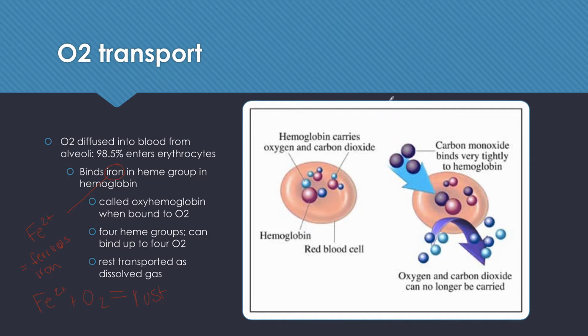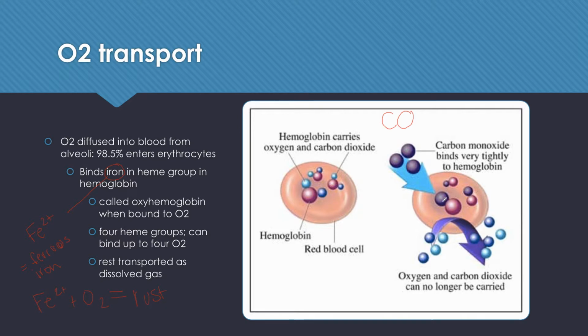So carbon monoxide is CO, just one. And it turns out the binding affinity of carbon monoxide, binding affinity means once it binds to something, how tightly does it bind and how long does it stay there? Carbon monoxide has a higher binding affinity for hemoglobin than either oxygen or carbon dioxide.